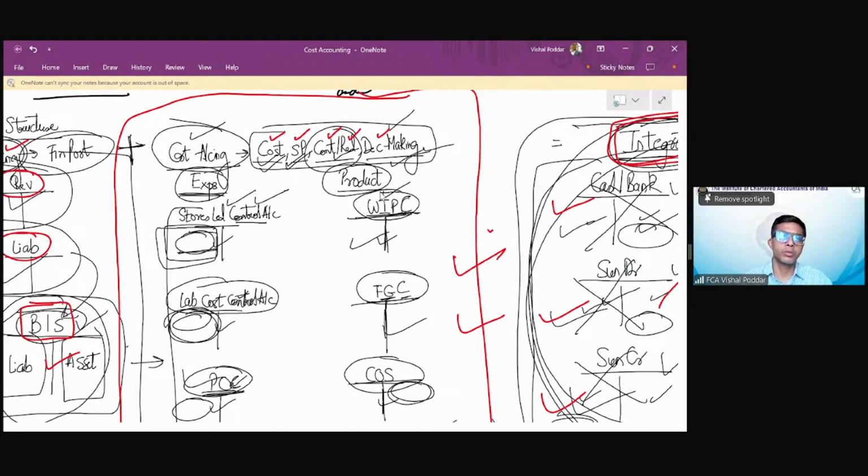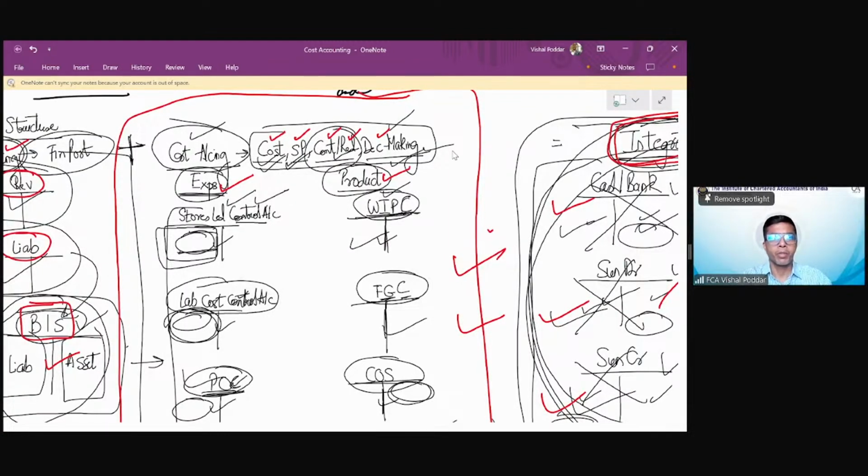Now, what are these accounts? So firstly, we require expenses account, because without expenses, you cannot do costing. But the second category of accounts that we have is the product accounts. So that I can do costing, I can identify the costs, which will help me fix price. Also, by identifying my product costs, I can do cost control, cost reduction, decision making. Everything is possible. So broadly, I have two broad category of accounts.